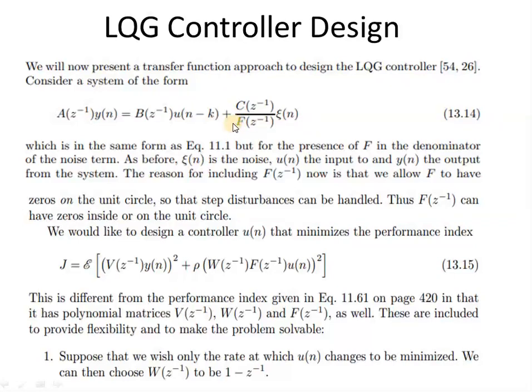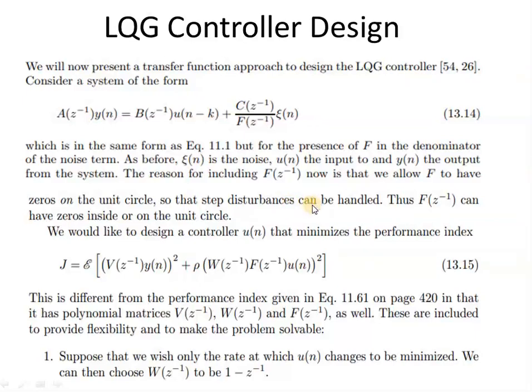In the previous chapter, that is identification, we used F(z) instead of F(z^-1). Here we have used F(z^-1). The reason is that we have allowed F to have zeros on the unit circle, so that we can handle step disturbances very effectively.